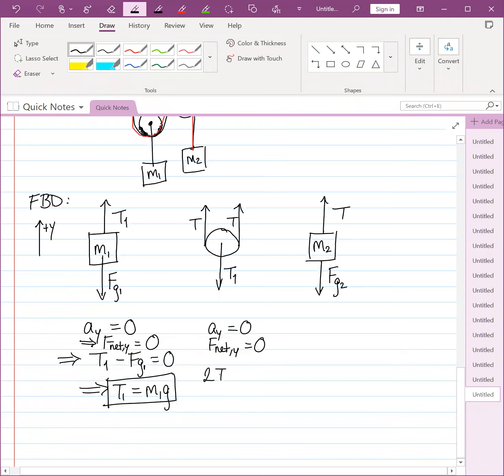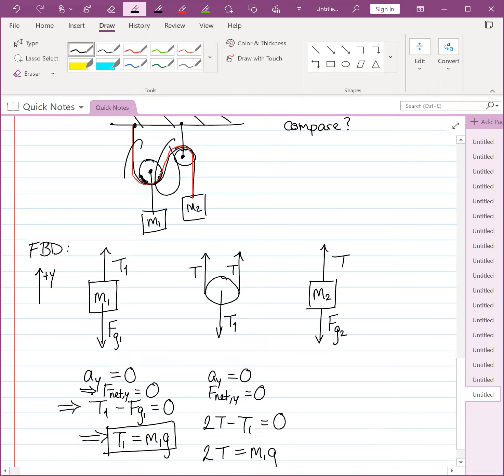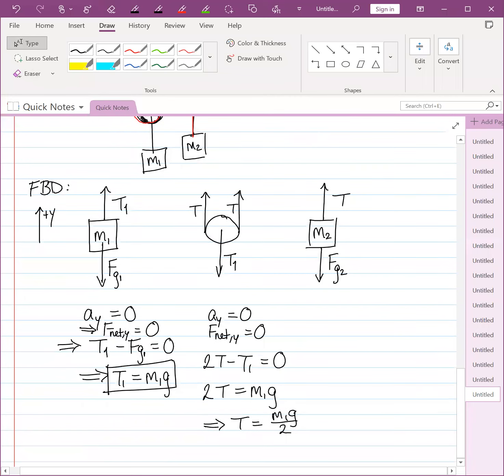In this case, it's 2 times T because there's 2 tension forces pulling upwards with equal magnitude, minus T1 equals 0. But we know what T1 is. T1 is M1G. So what we really have is 2T equals M1G, or put another way, T is equal to M1G over 2, which kind of makes sense. Each half of the rope on either side supports half of the weight of the block that it's holding up. Your intuition should be fine there.